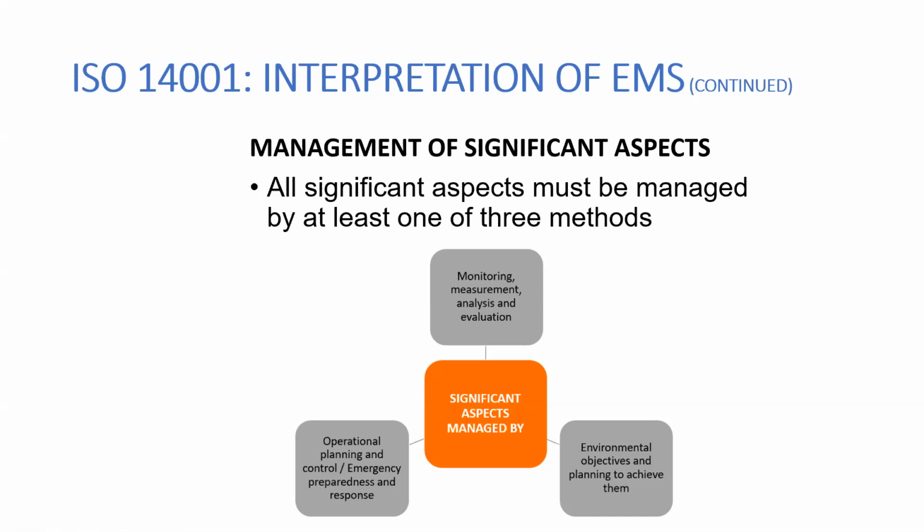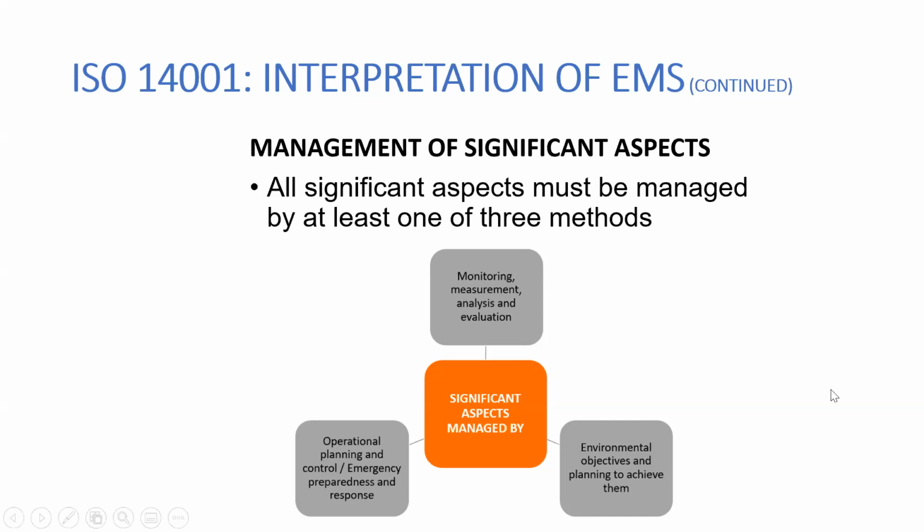Okay. So when we are going to apply the controls, we need to apply any of these three options. For example, maybe we will do the monitoring, or we will apply the control, or work on emergency preparedness and response. If the control has too much adverse impact, we will apply emergency preparedness response.